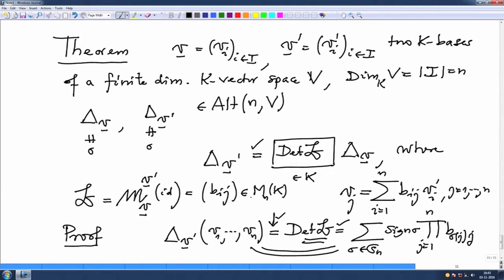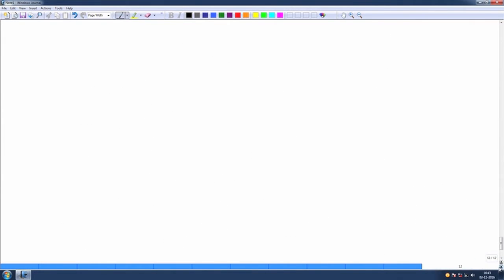We have proved that it is in GL_n(K). Therefore, we could also write the same equation as delta V equals det B inverse times delta V prime.